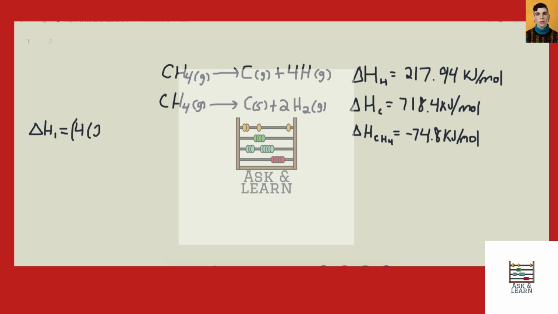So delta H1 is going to equal, remember Hess's law, products minus reactants: 4 times 217.94 plus 17.4, minus negative 74.8.